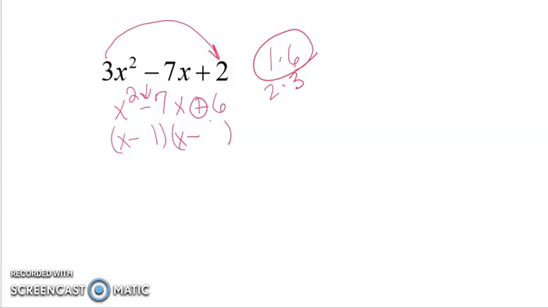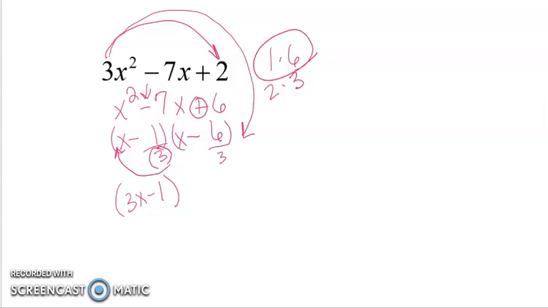So that's going to be 1 and 6. Now we're going to slide that 3 back down. Anything that doesn't reduce to a whole number gets slid into the front. So x minus 1 over 3 becomes 3x minus 1. 6 divides by 3 evenly. So these are our factors.